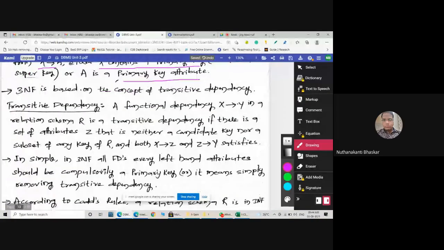The third normal form is based on the concept of transitivity dependency. Just now we discussed that. What is the meaning of transitivity dependency?